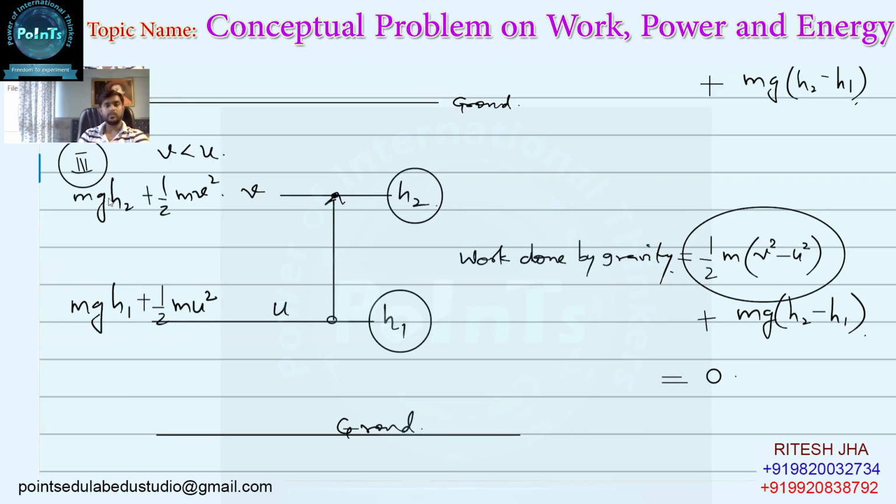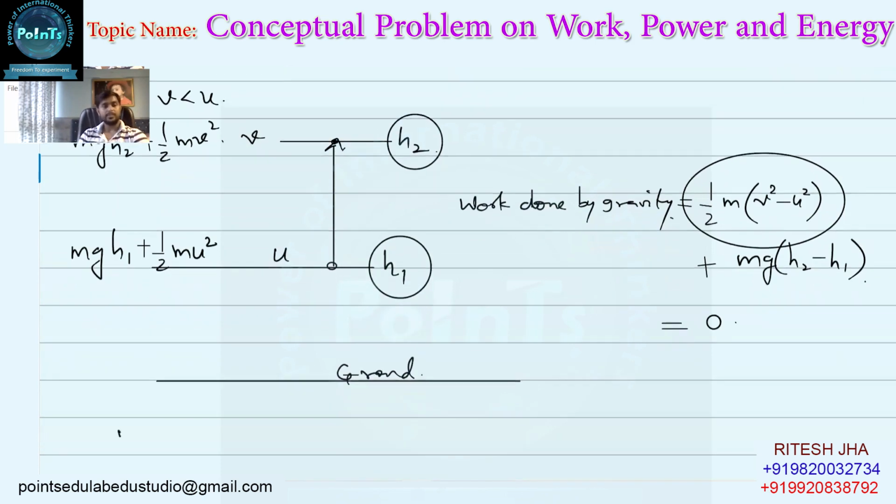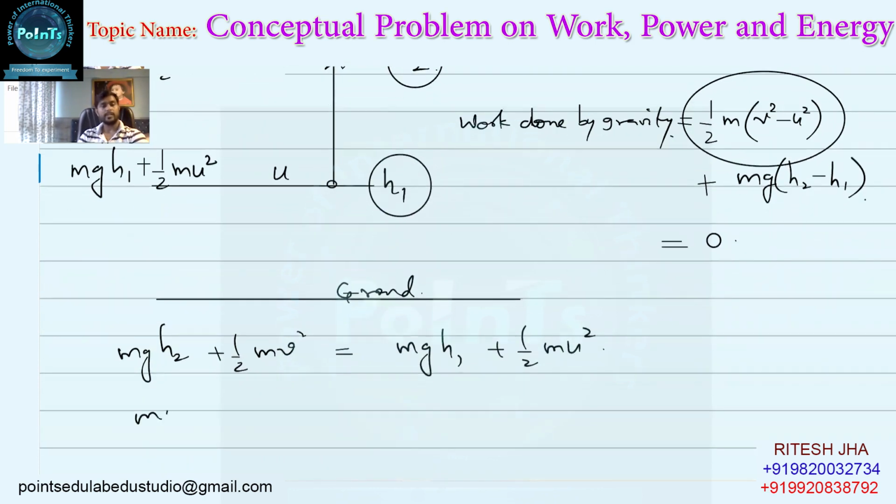When I take both on the same side, we write mg h2 minus h1 plus half m v square minus u square, and that's going to be equal to zero.